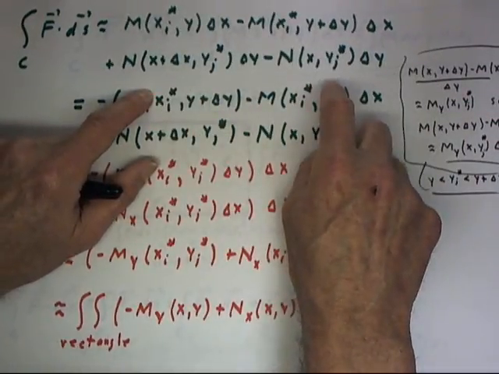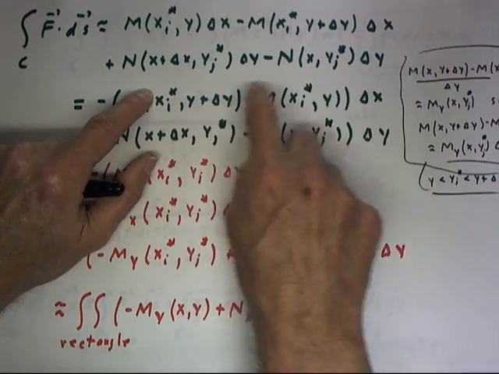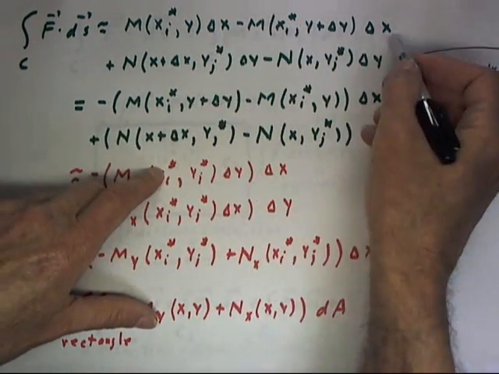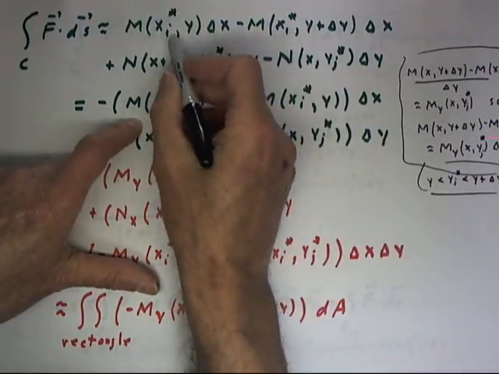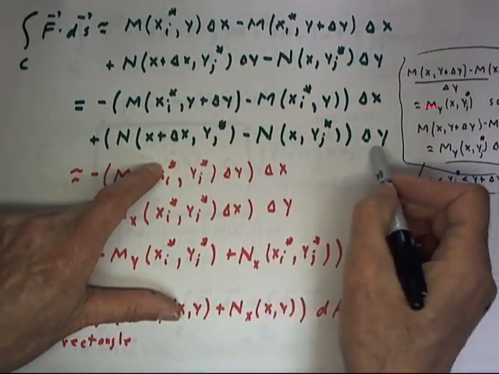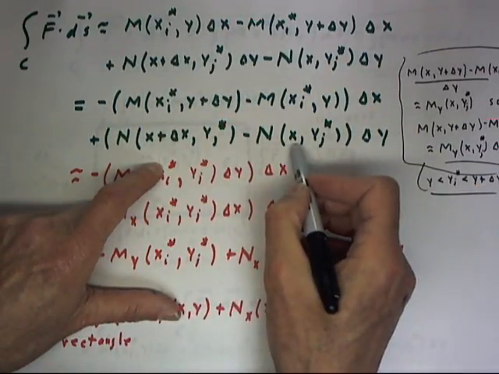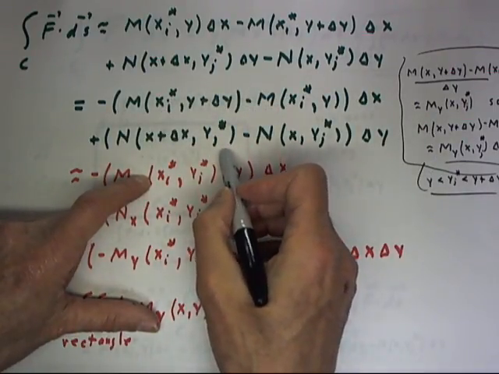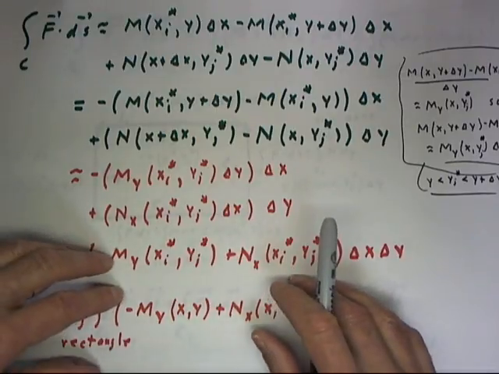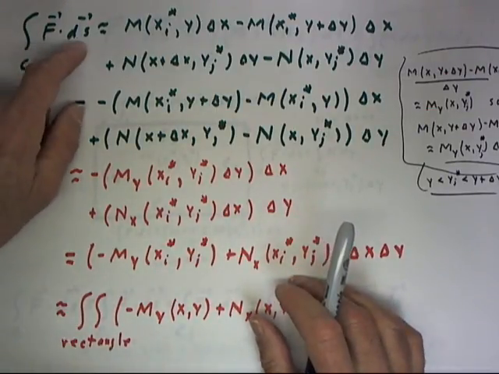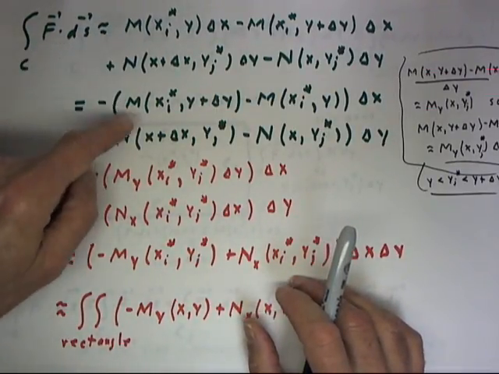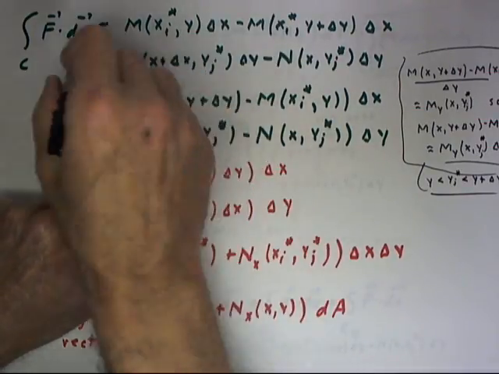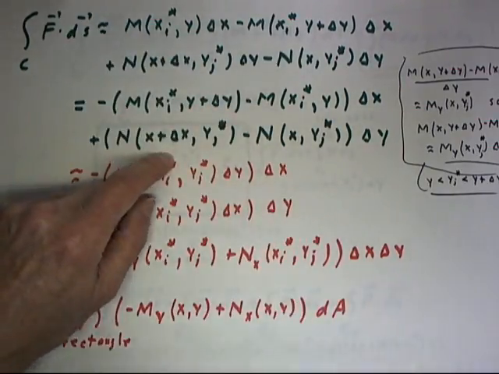And you can look back and verify that this is exactly the same expression as before, and that we can factor delta x out of our first two terms now, and we can factor delta y out of our last two terms, so that this expression is very easily seen to be equivalent to the previous expression. So our integral of f dot ds is approximately equal to this, and this is equal to this, but this is only approximately equal to this.